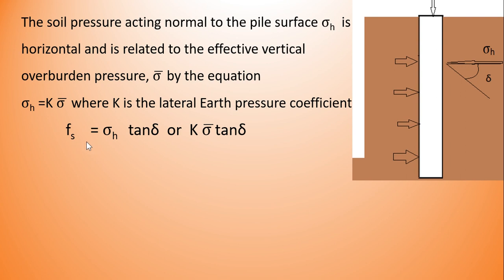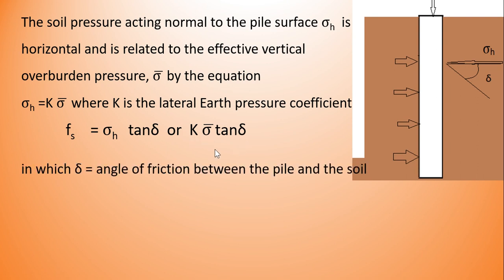Fs, the unit skin friction resistance, is equal to sigma H tan delta. Here we know sigma H is equal to K sigma bar, so we can write K sigma bar tan delta, in which delta is the angle of friction between the pile and the soil.